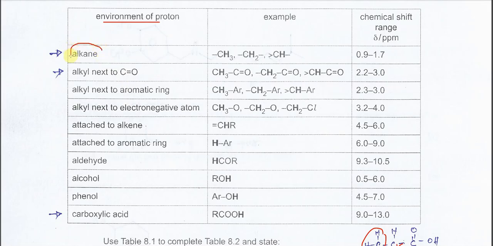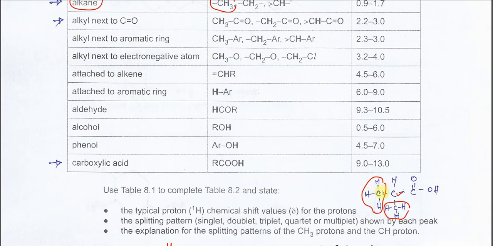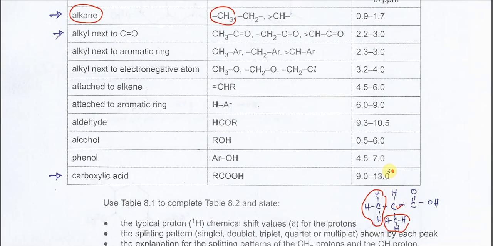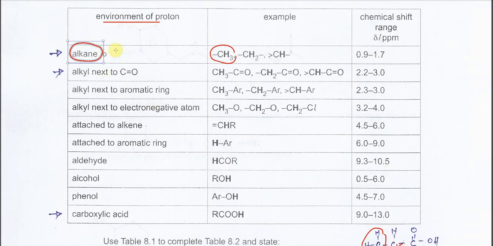So the environment of proton is the alkane. Example is this one, right? Because this methyl group is next to another hydrocarbon, another alkyl group, it's basically alkane. So therefore the chemical shift is alkane, and that's why we choose the first one.